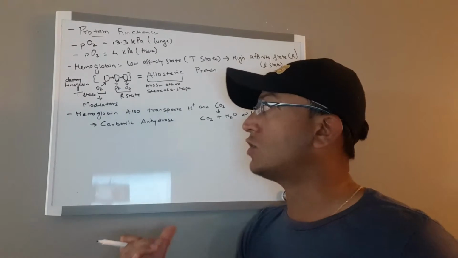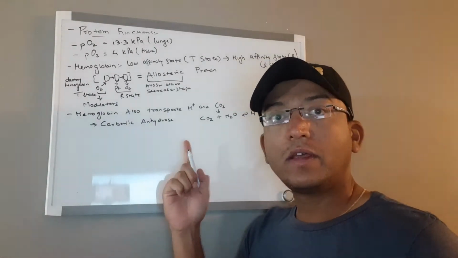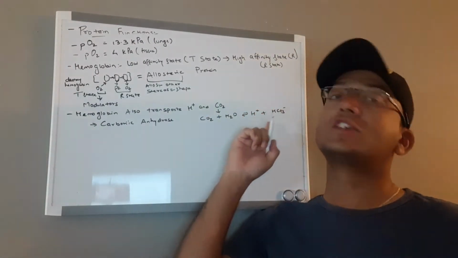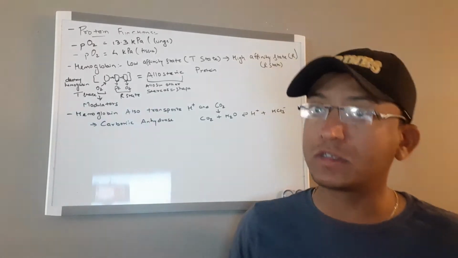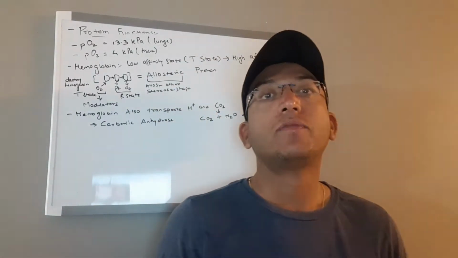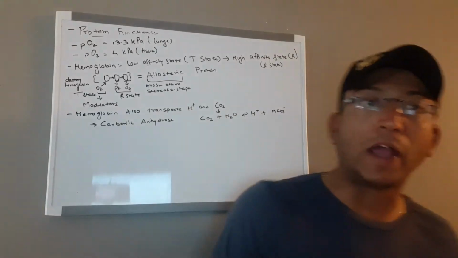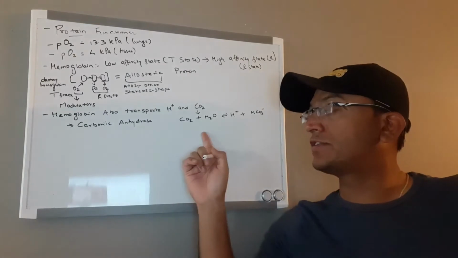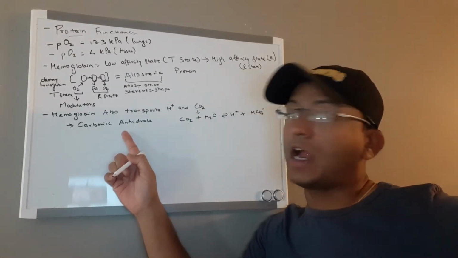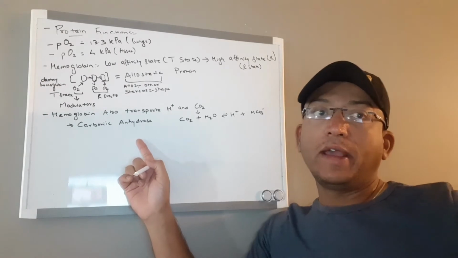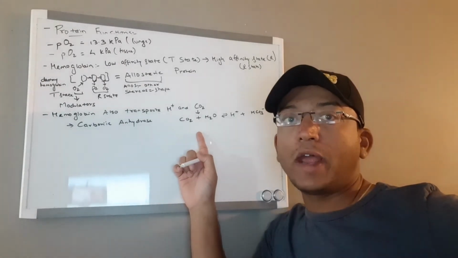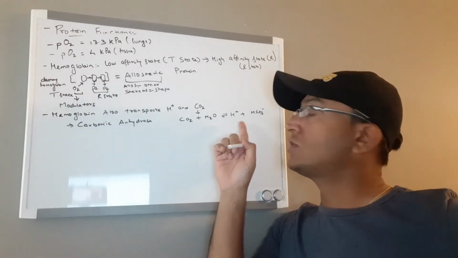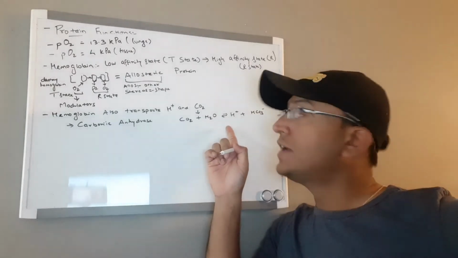That's why it's converted into bicarbonate. This reaction is catalyzed by the enzyme carbonic anhydrase, and the hydration of carbon dioxide also results in H plus, that is, proton concentration, which decreases the pH in the tissues.